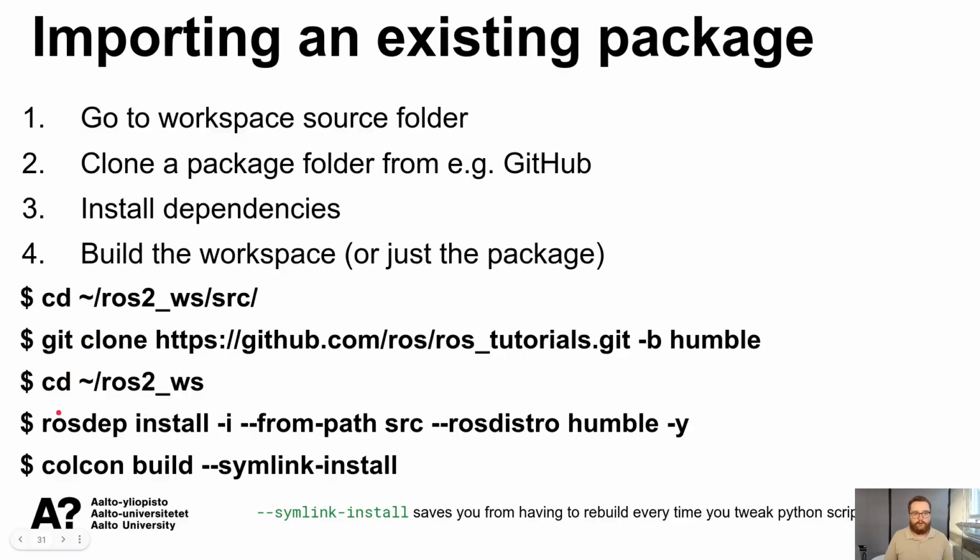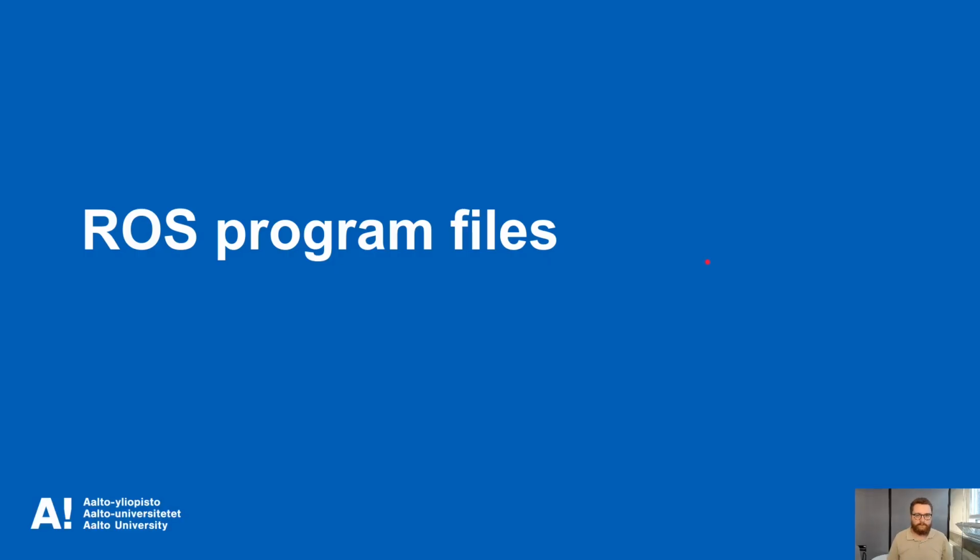You can install the dependencies with this command. It looks into your source folder and identifies the missing dependencies, and then again you build your workspace or all packages with this command. And these are general guidelines for when you find an existing package on GitHub and you want to download it into your workspace to use it.